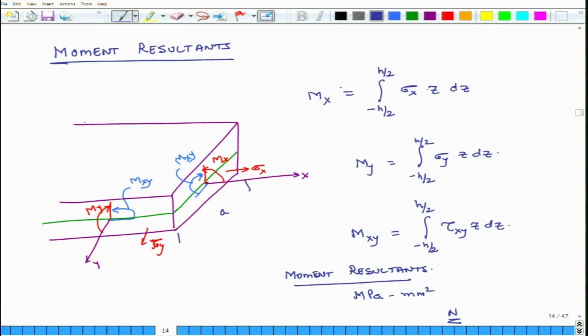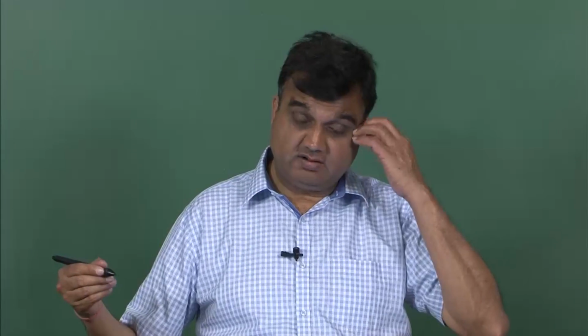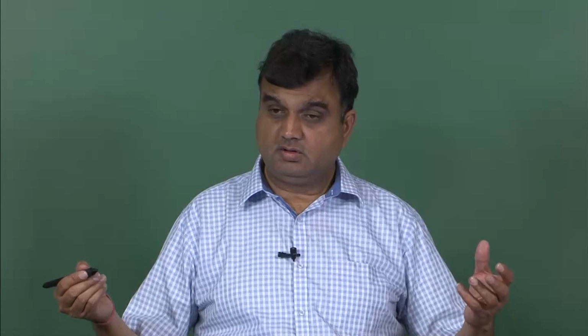So, we will put these stress-strain-displacement relations into these relations for moment and force resultants, and then based on that we will develop a model for the behavior of a composite plate when it is subjected to externally known moment and force resultants.